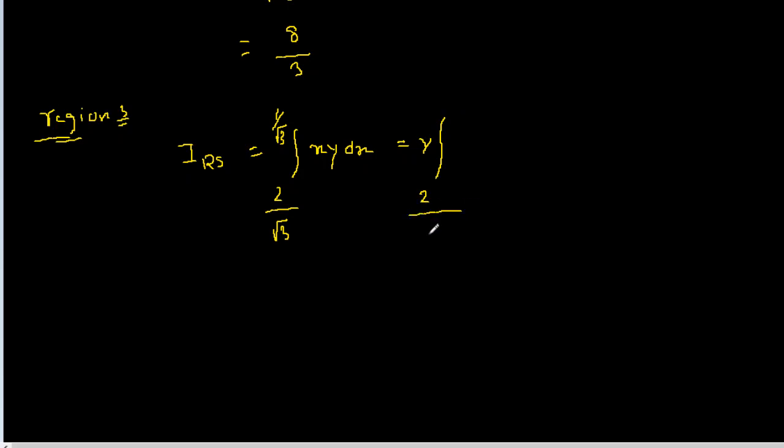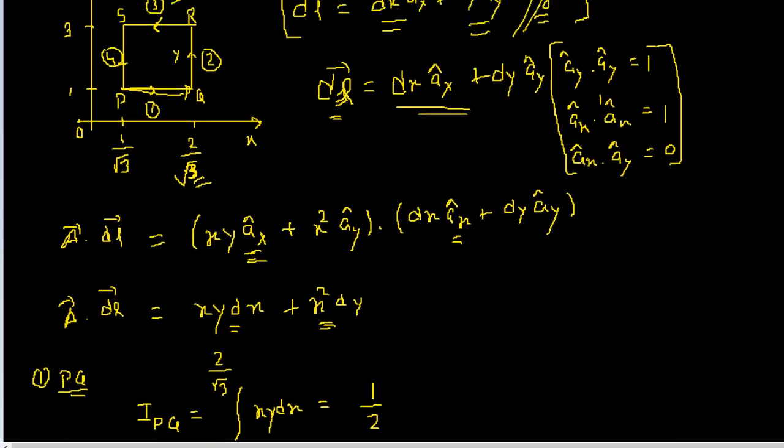It comes out to be 2 by root 3, 1 by root 3, and here the thing that we get is x square by 2.